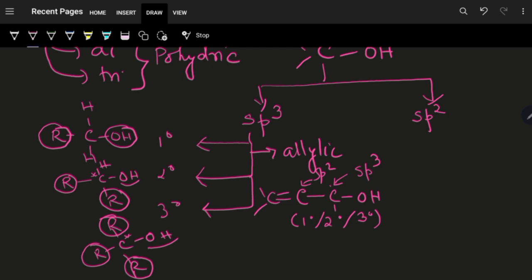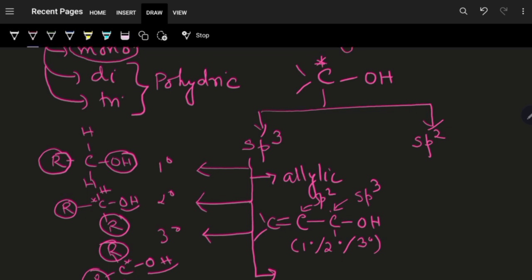Now after allylic position, there is another position where the carbon atom having the functional group OH is sp3 hybridized, and that position is your benzylic position.